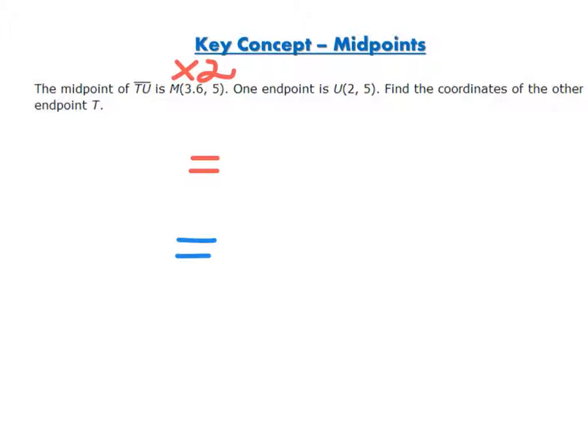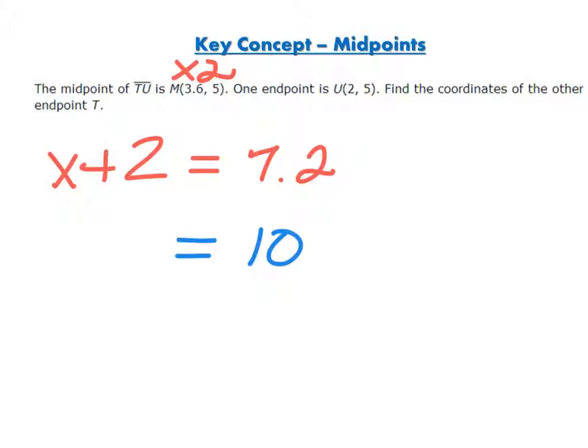My x value is 3.6, and 3.6 times 2 is 7.2. My y value, 5 times 2, is 10. Now I just go look at my x and y values in my endpoint and set them equal. So I have x plus 2 and y plus 5.